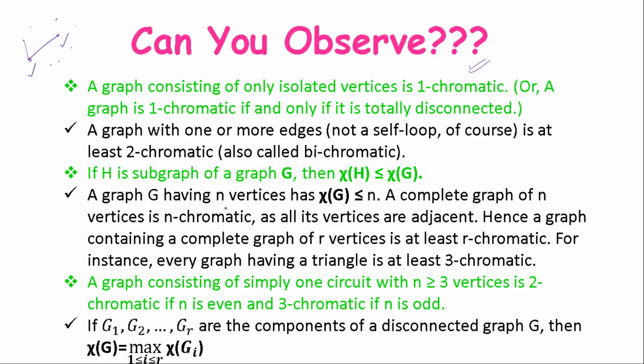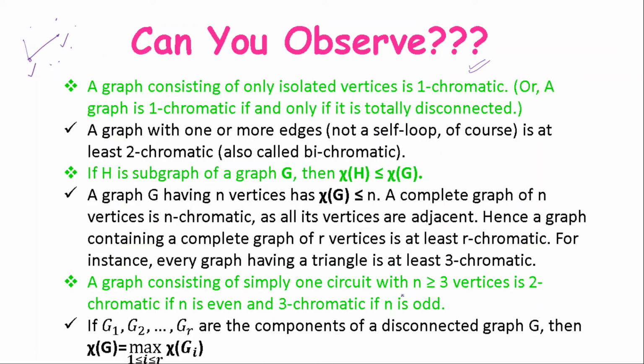Another part: a graph G having n vertices has chromatic number less than or equal to n. In a complete graph, you can color its vertices with different colors. So at max the chromatic number will be n itself, that is the number of vertices, or in other cases it must be less, right?